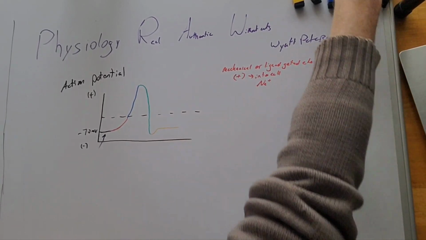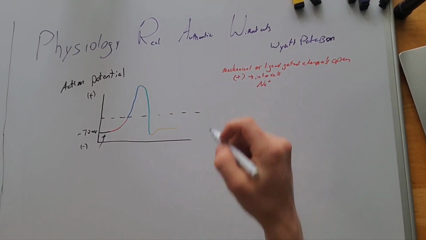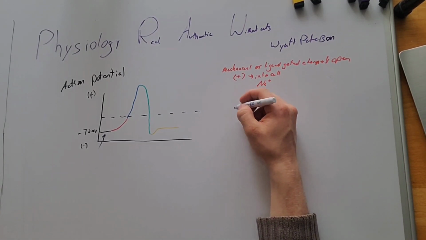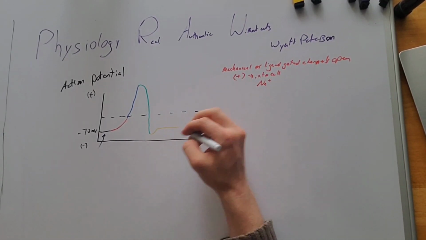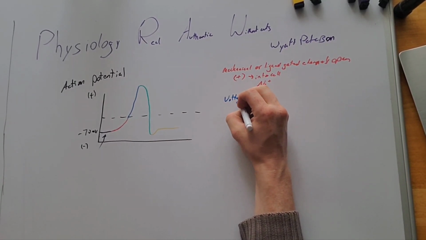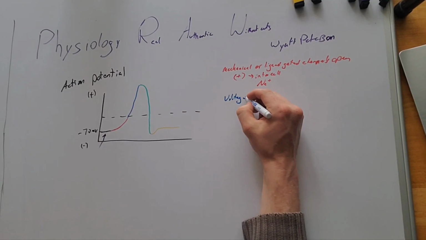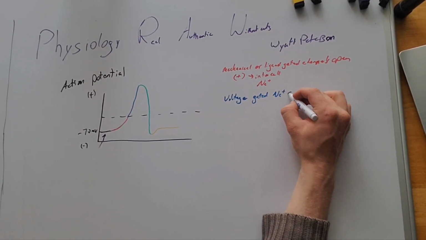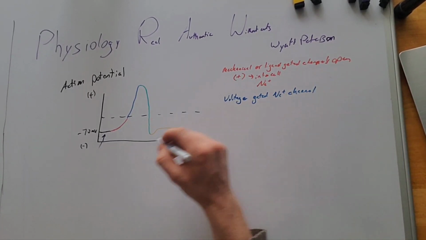But if it does get to threshold, then we see a voltage gated channel will open.